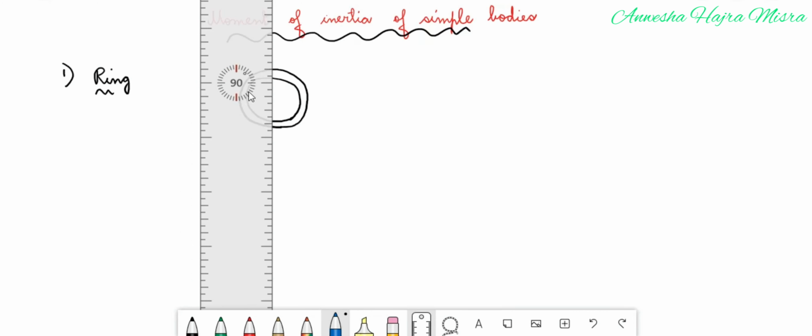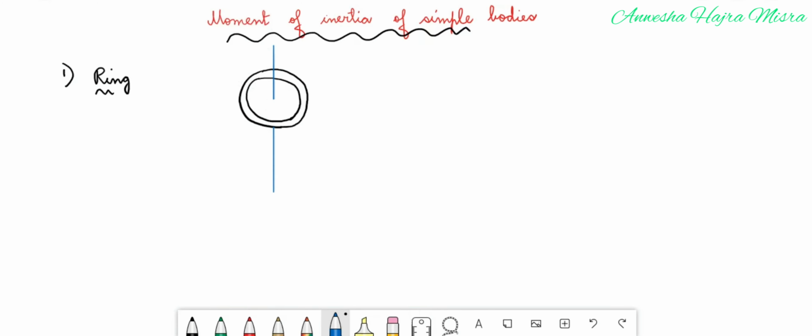We want to find the moment of inertia of the ring about the axis AB.